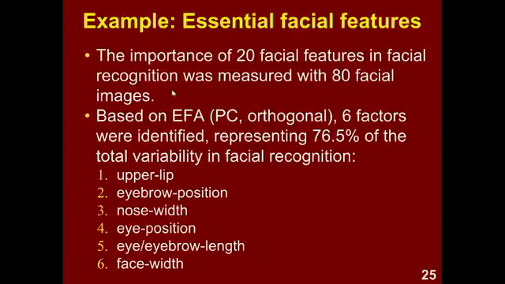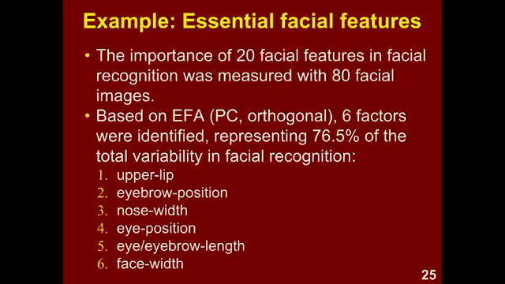So based on an exploratory factor analysis, we're going to talk about these things in a moment, principal components and orthogonal, 6 factors were identified, and 6 factors represented about 76% of the variance in facial recognition, which is pretty good, and we'll come to what's good or what's not.